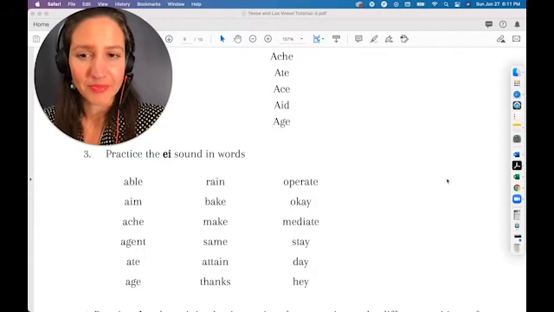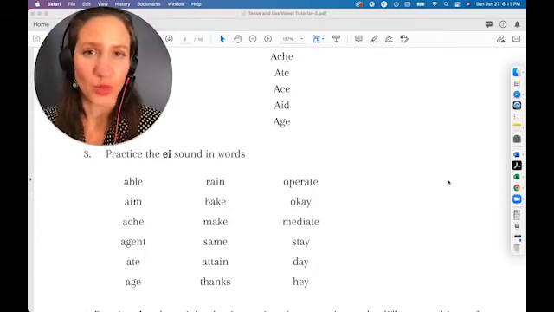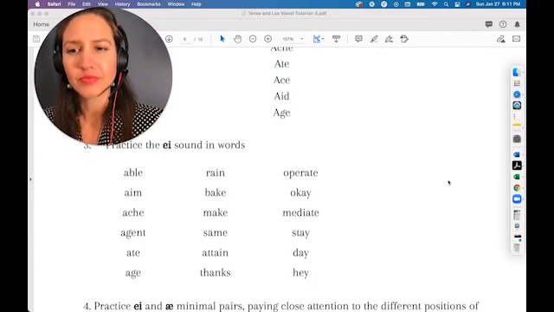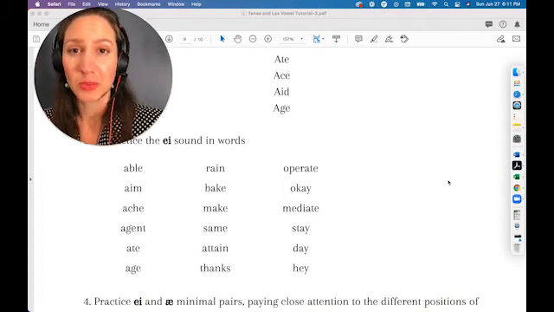Number 3, practice the A sound in words. We're going to go from top to bottom.